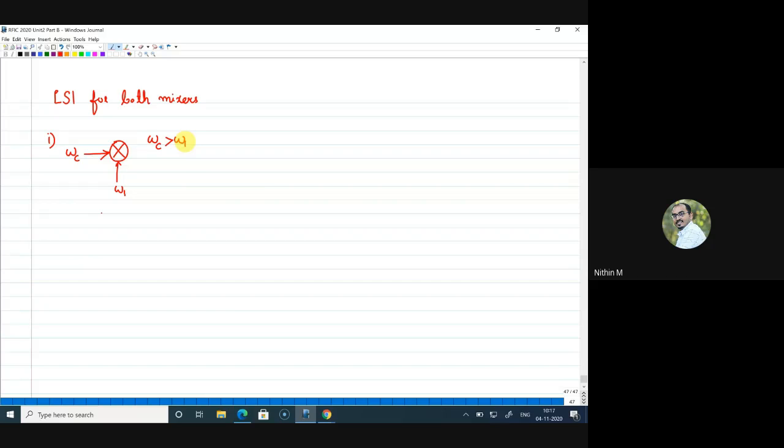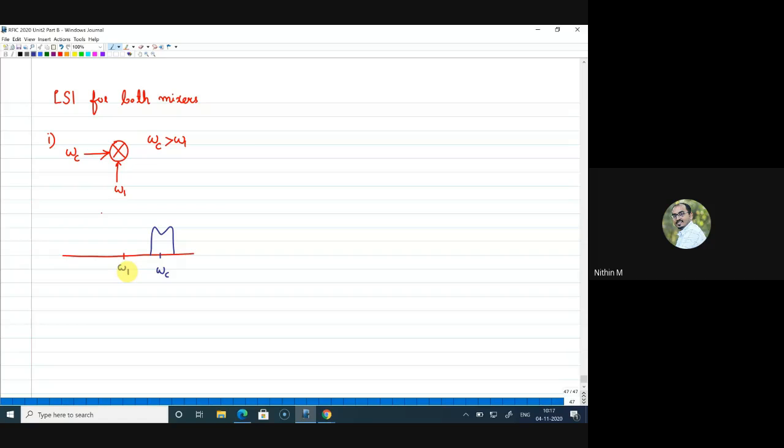That is a condition. Say this is the desired signal which is at omega C, and since it is low side injection, I am marking omega 1 here, which is the local oscillator frequency.